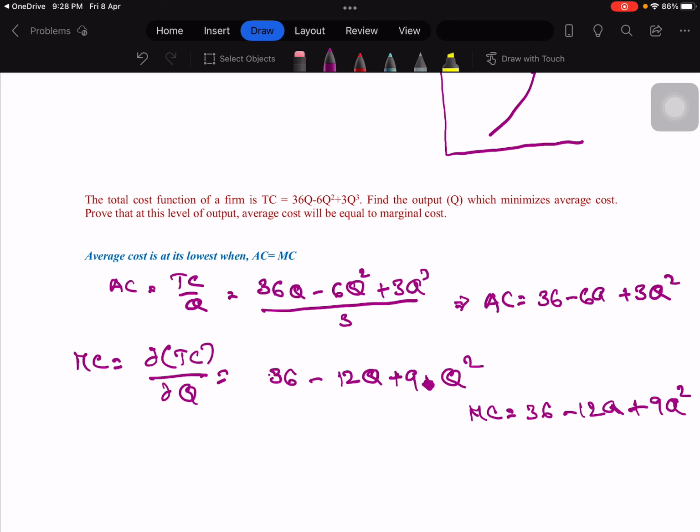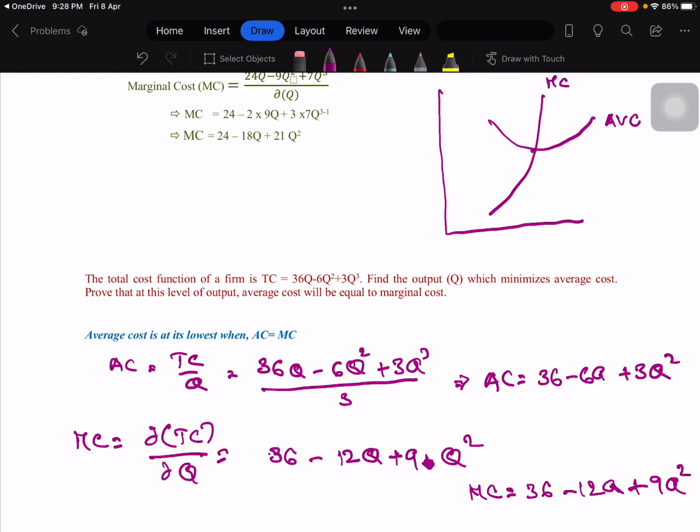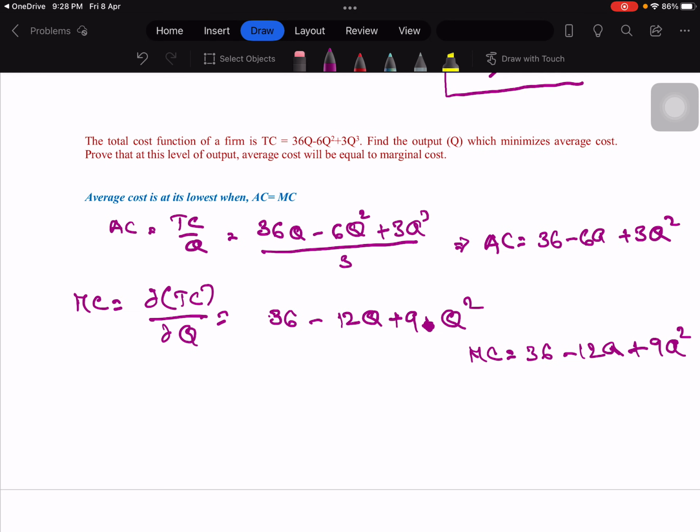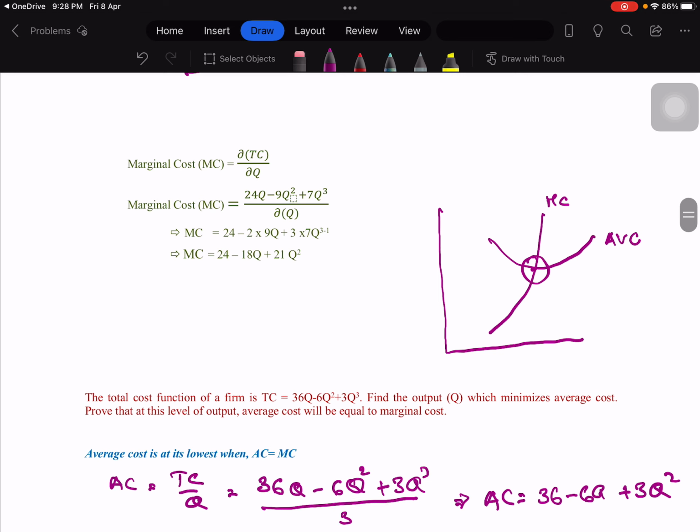The lowest point is where MC is equal to average cost. Both the average variable cost and average total cost curves, at their lowest points, the marginal cost intersects them.